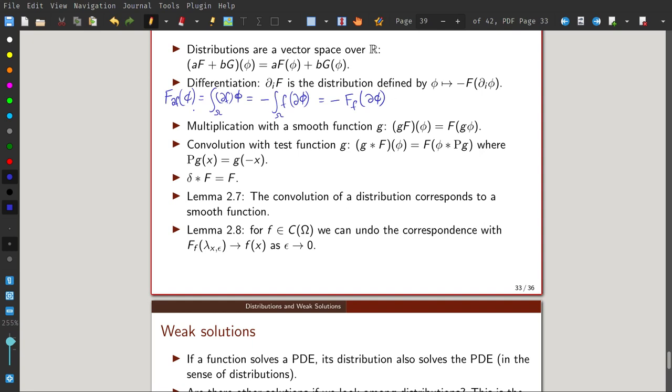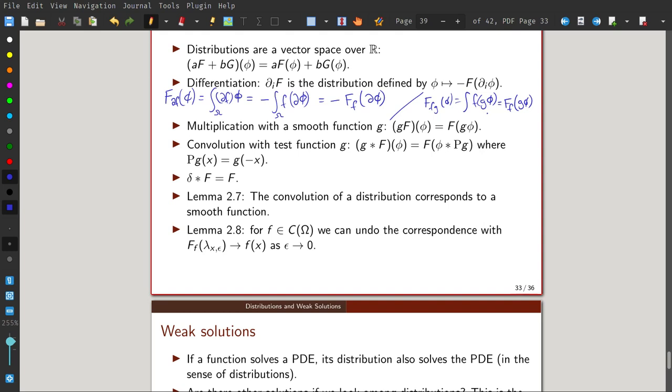For example, with this next one, multiplication with a smooth function: if we look at how the distribution of fg acts, it's the integral of fg times the test function. And if we group it like this, we see that that is the distribution associated with f acting on g phi. So again, we take this relation that holds for distributions that come from functions, and we generalize it to say it should hold for all distributions. And that's how we make our definition.